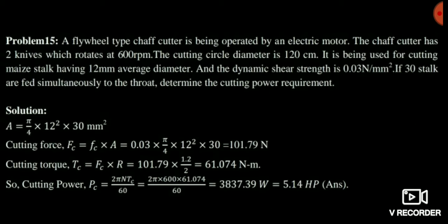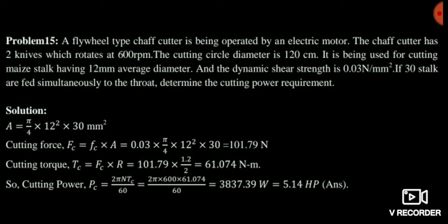Friends, we have to calculate the power requirement, and it says that 30 स्टॉक्स आर फीड साइमल्टेनियसली, मीन्स एक बार में हमें 30 स्टॉक्स फीड कर रहे हैं. तो फर्स्ट थिंग वी शुड कैलकुलेट द टोटल एरिया ऑफ द थ्रोट. The cutting circle diameter is 120 centimeter and it is being used for cutting the maize stalk of 12 mm.